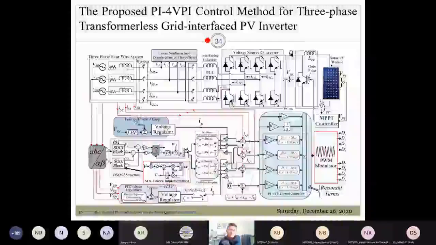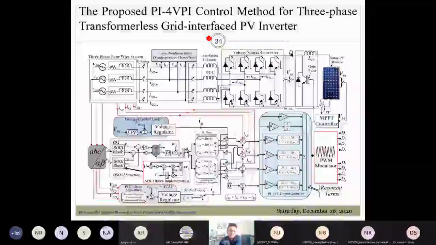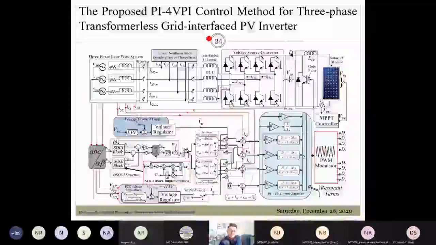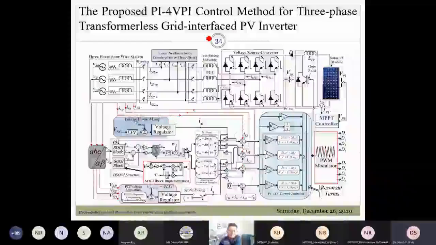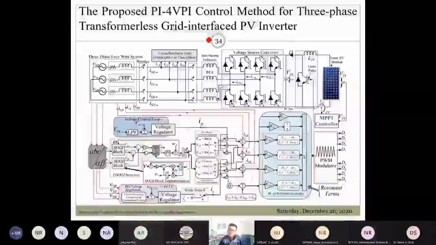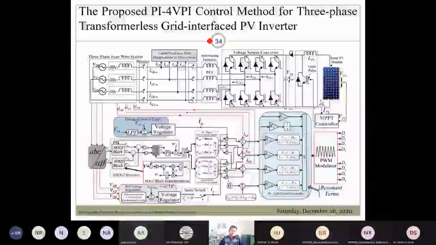So I didn't choose the STM32; instead, I have chosen this DSpace 1104 for my control algorithm implementation. But the problem with the DSpace was that I was provided with only 8 ADC channels, and I have more than 8 signals. So I had to use this STM32 only for the maximum power point tracking, whereas for the voltage source inverter, I have used this DSpace 1104.